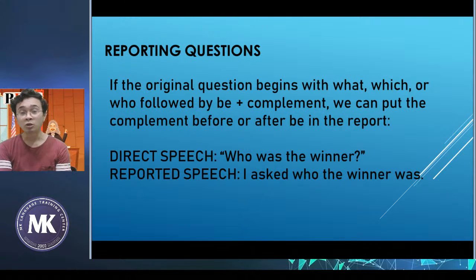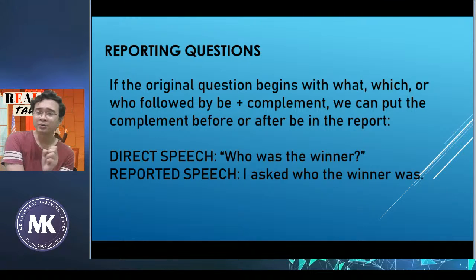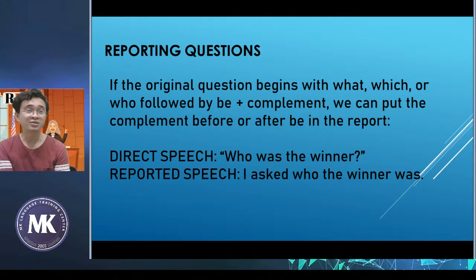But to be safe, I told you earlier that it would be better if you put the be form after the complement in reported speech. Yeah, it's also okay to say I asked who was the winner, but in my case, I want to say I asked who the winner was. This one is better for me. So yeah, it's up to you actually.